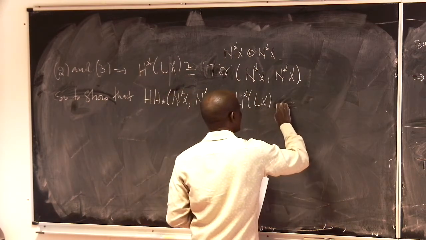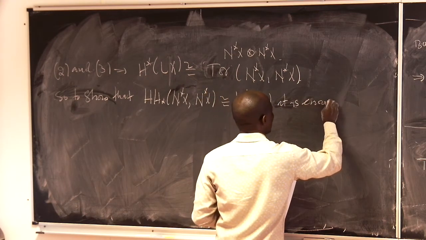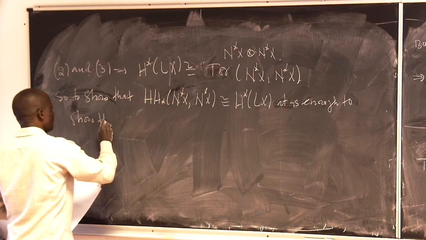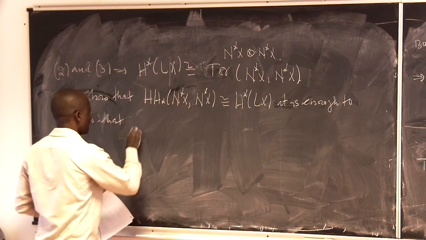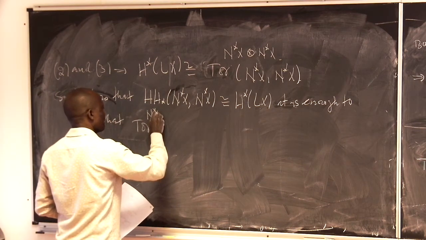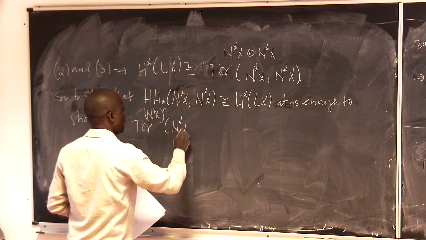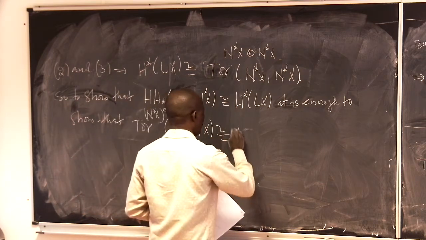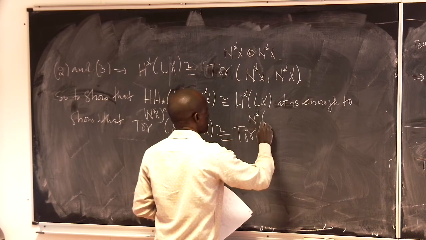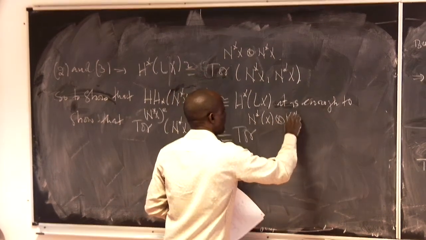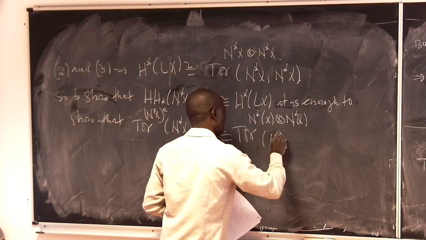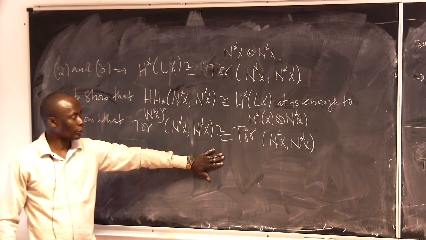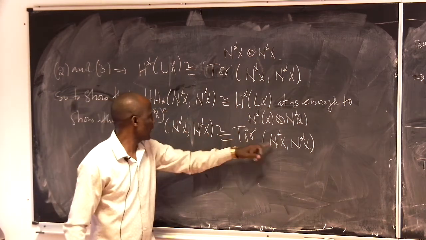We just have to show this. But we have the identity map from here to here.